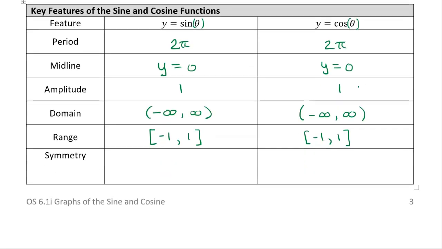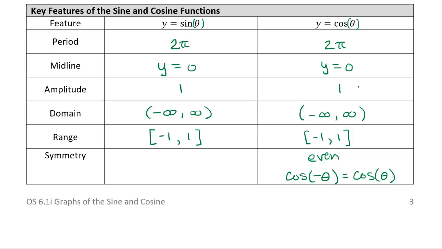So we say that cosine has even symmetry. What that means is that the cosine of negative theta is equal to the cosine of theta, because we have that symmetry about the y-axis.